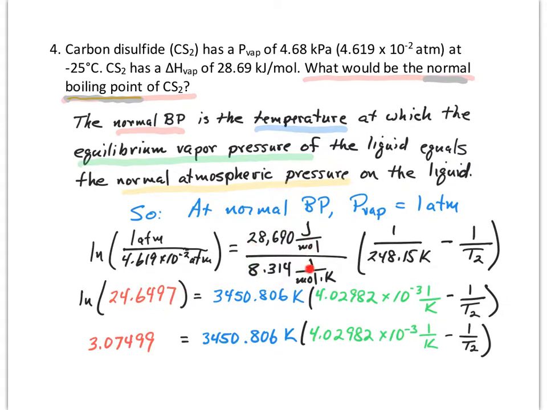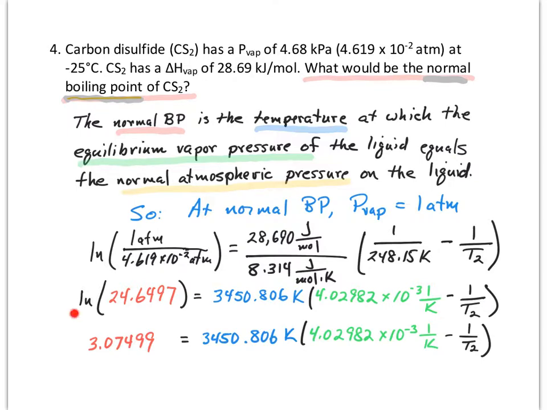If we divide this fraction, we get this number again. Joules per mole cancel. We have 1 over Kelvin in the denominator. When we do the division, that moves Kelvin to the numerator. We get that number. 1 over 248.15 gives us this number again, minus 1 over temperature 2. Okay?